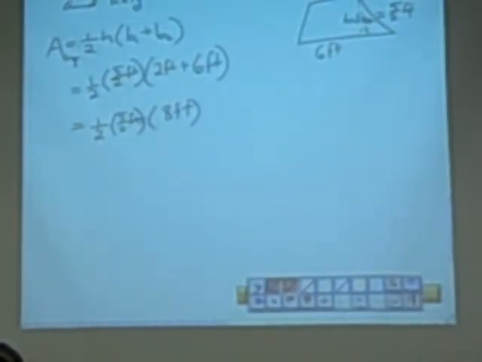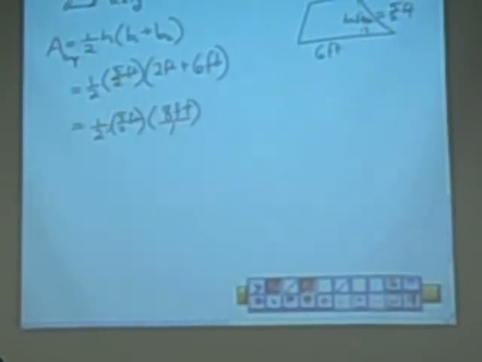You can do this either way. You can multiply the 2 denominators together, or you can just cancel. You can simplify just from the 2's being split like that. So we'll just go ahead and simplify with the 2's separated. We won't multiply them together.